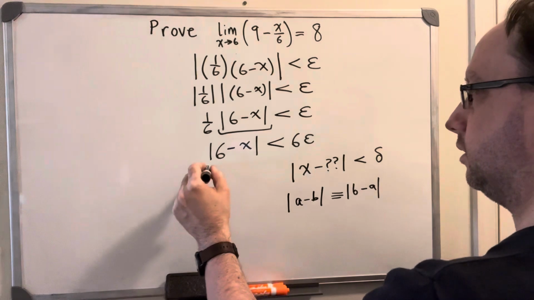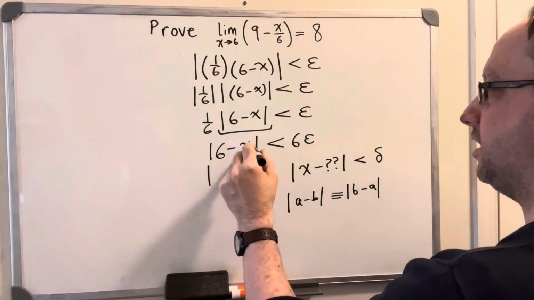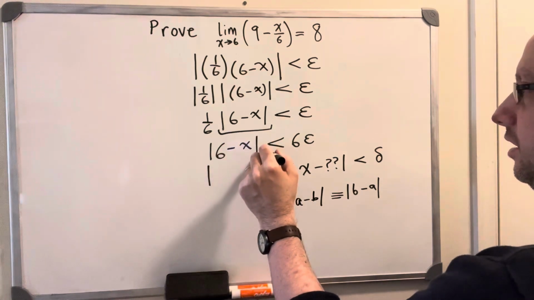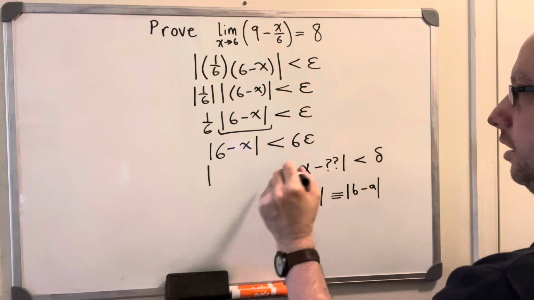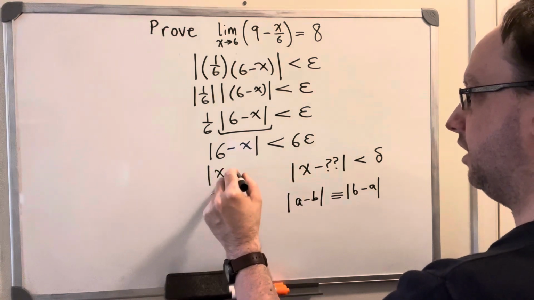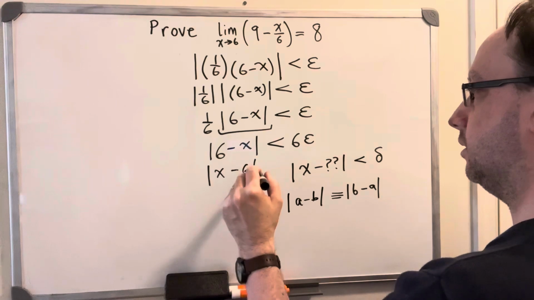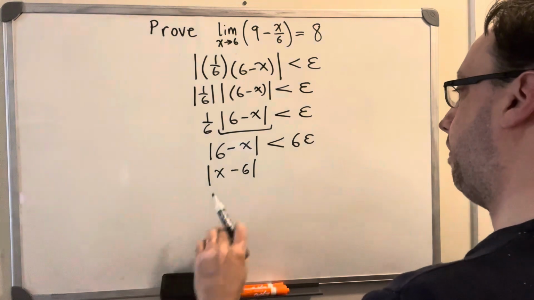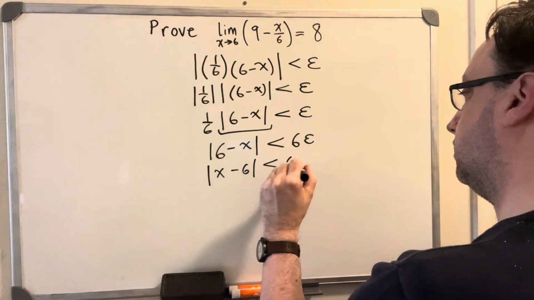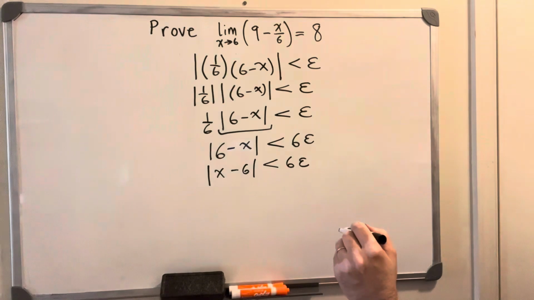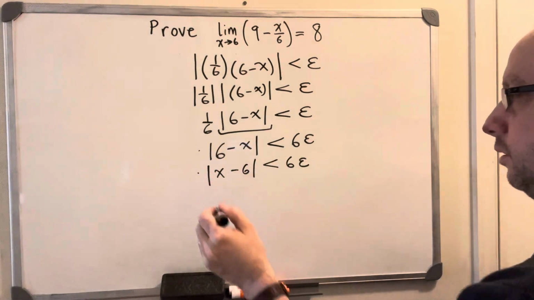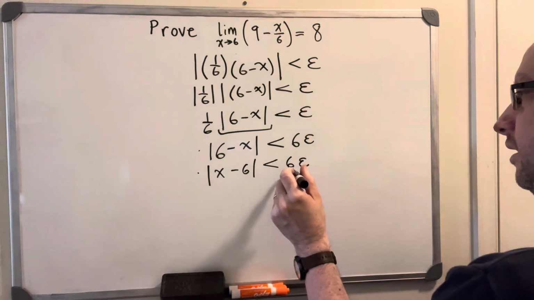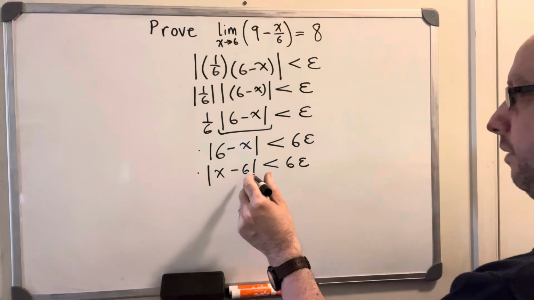So can we write this? If the absolute value of 6 minus x is less than 6 epsilon, then can we say this? If this is true, then this is true, right? Then this is the form that we want.